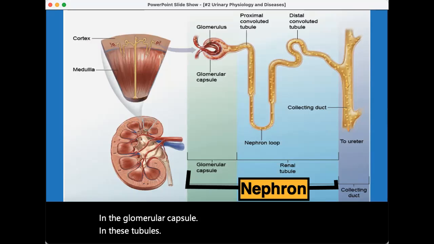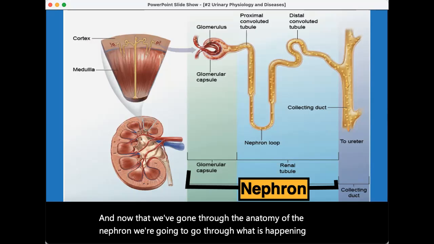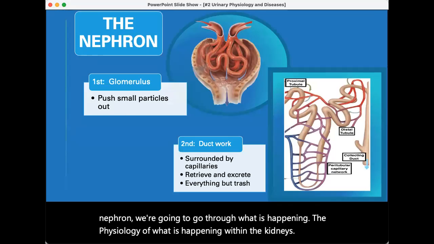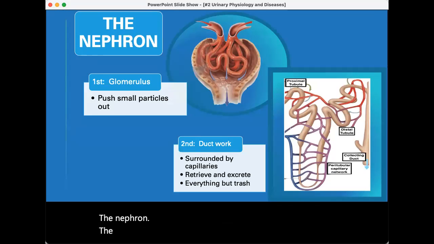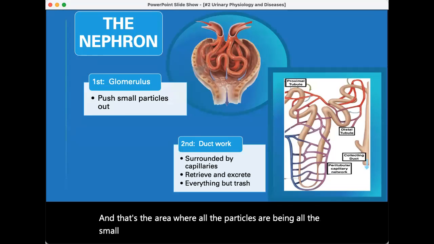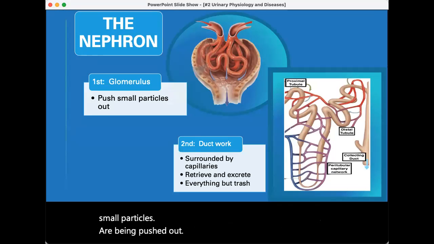And now that we've gone through the anatomy of the nephron, we're going to go through what is happening, the physiology of what is happening within the kidneys. The nephron, the very first structure is that glomerulus. And that's the area where all the small particles are being pushed out. And the second part is that ductwork.